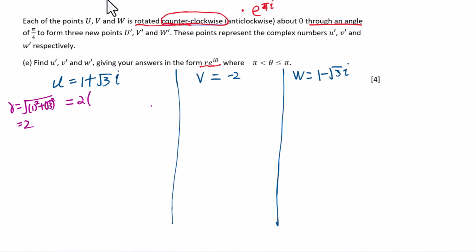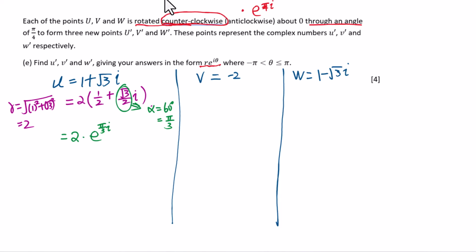So take a 2 out: 1 over 2 plus square root of 3 over 2 i. In the first quadrant, with square root of 3 over 2, the corresponding reference angle alpha equals 60 degrees, which is pi over 3. So we get 2 times e to the power of pi over 3 i.